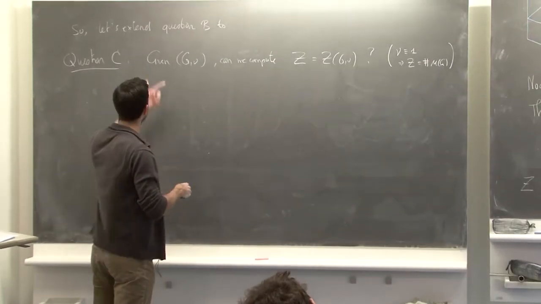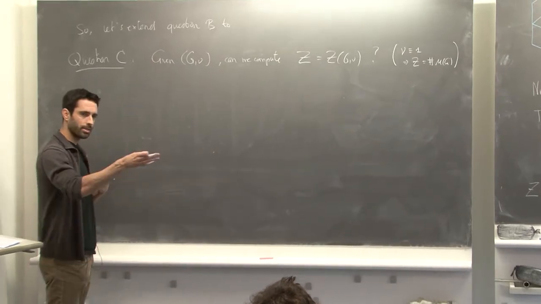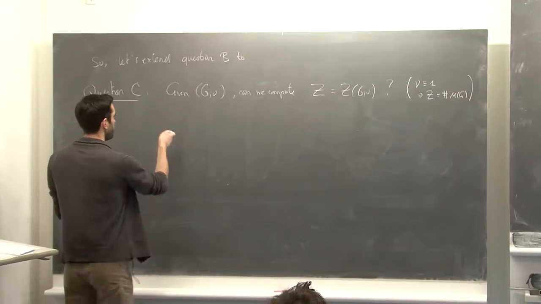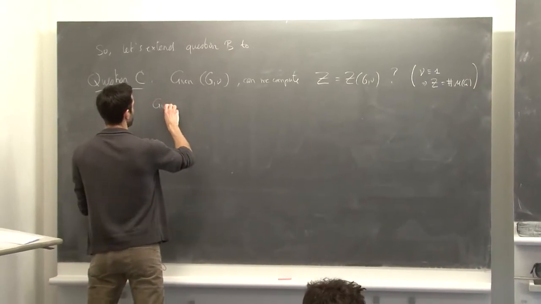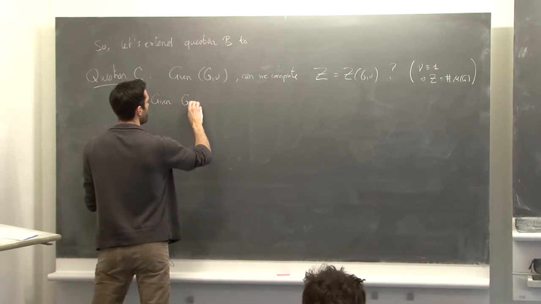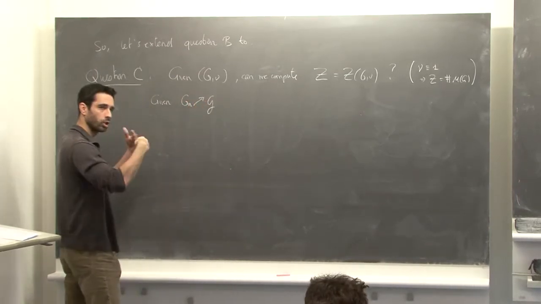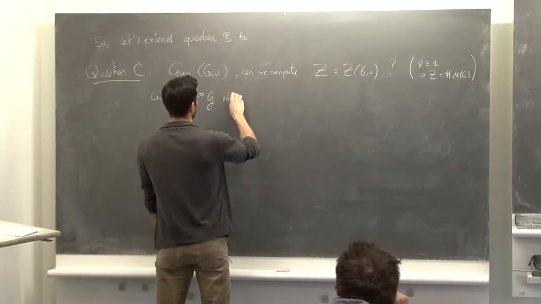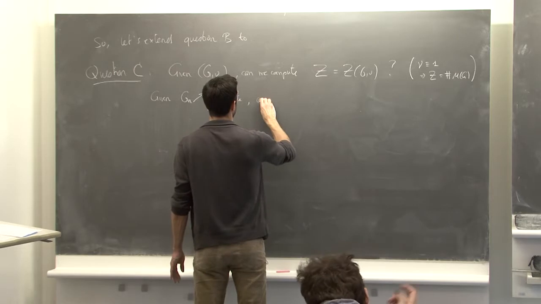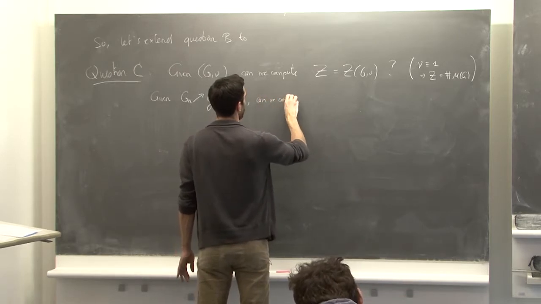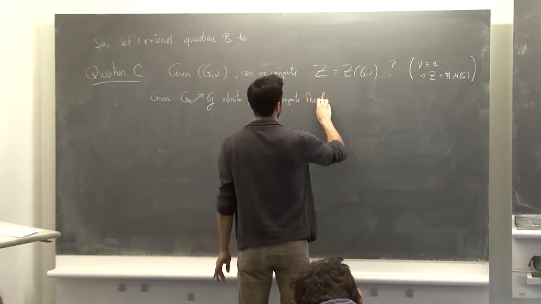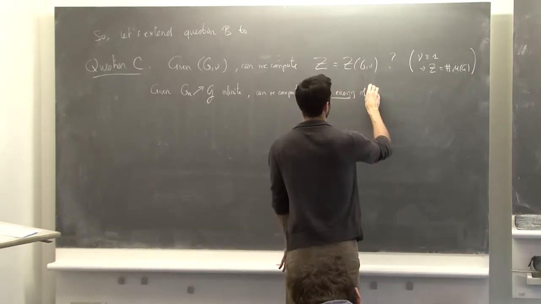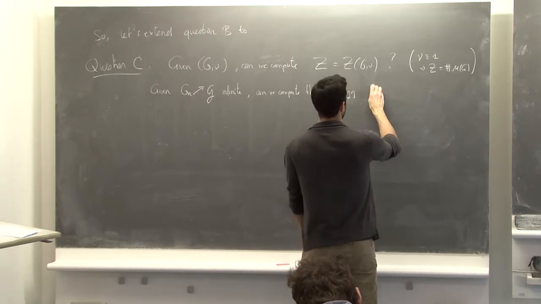And maybe, I had a second part in question B, which was something like, how does this number grow? So the corresponding question for the Dimer model is, again, not going to be precise: given a sequence Gn growing to some infinite weighted graph G, can we compute what is called the free energy?